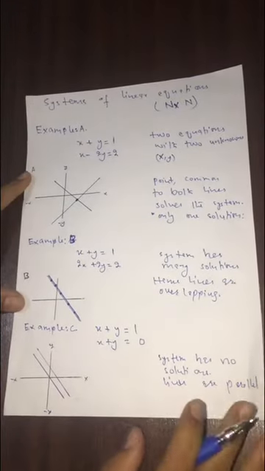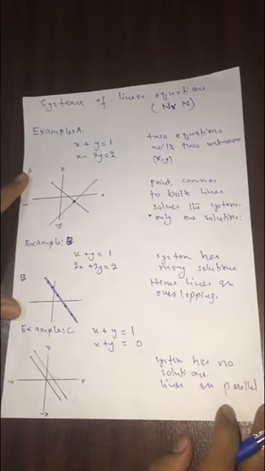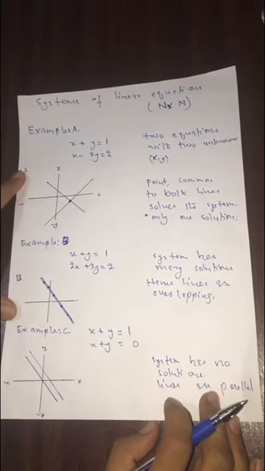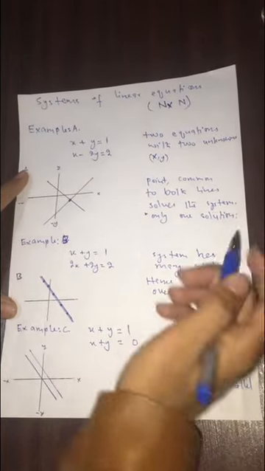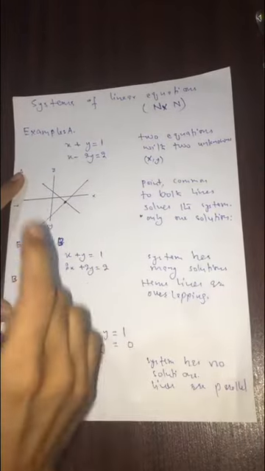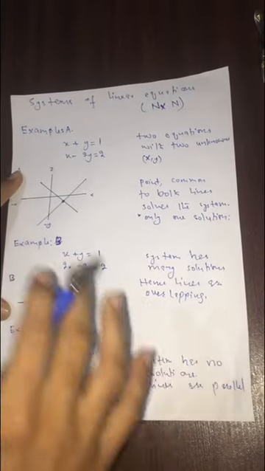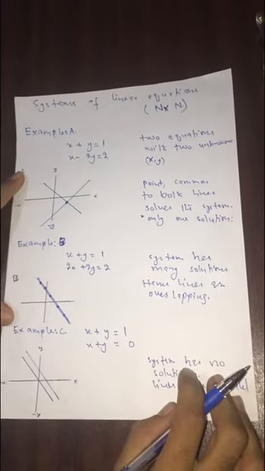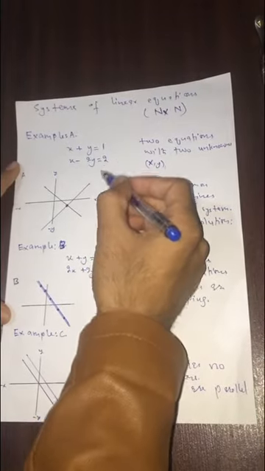Linear algebra is almost all about systems of linear equations. A system of linear equations means that you would have a look at equations in systematic form. So here are certain examples.